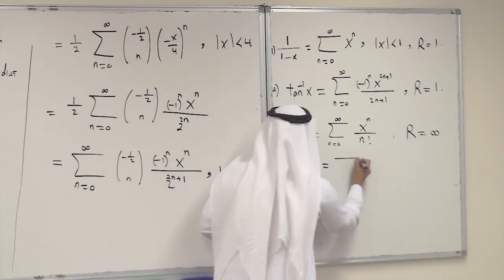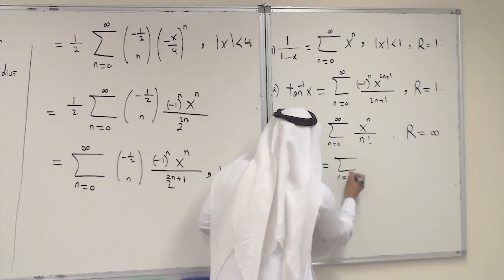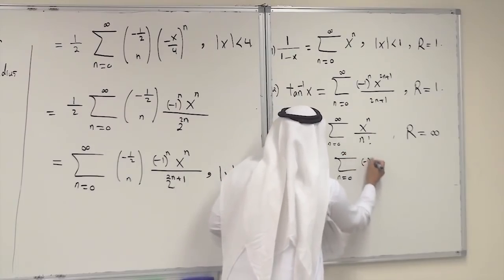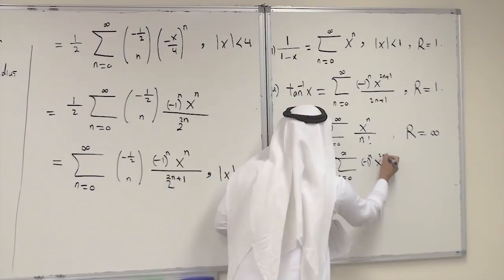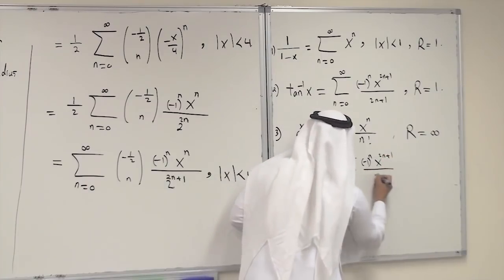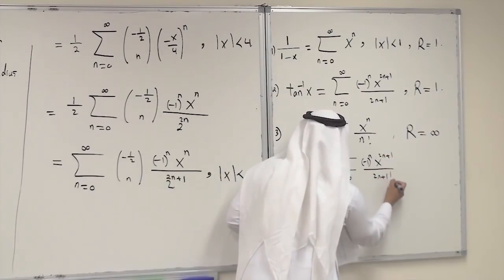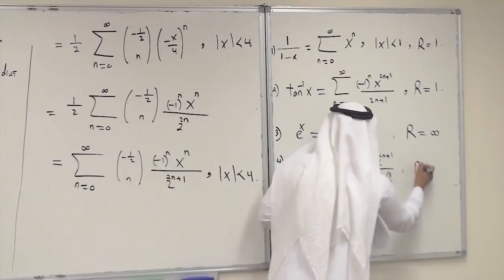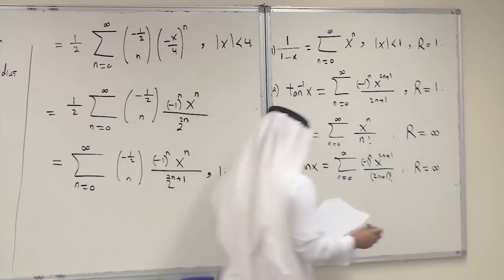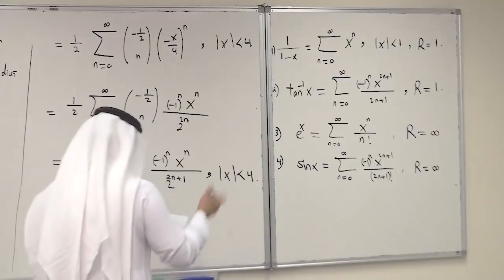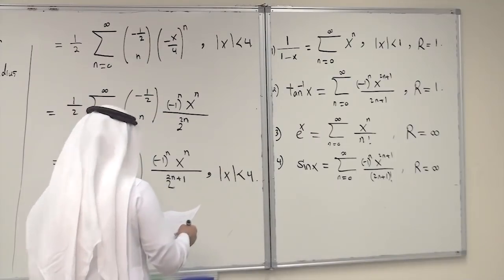This is equal to the summation from n equal to 0 up to infinity of minus 1 to the power n, x to the power 2n plus 1 divided by (2n plus 1) factorial. Again, the radius of convergence is infinite. It's convergent between minus infinity and infinity.